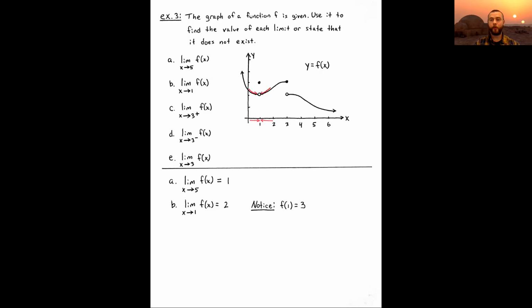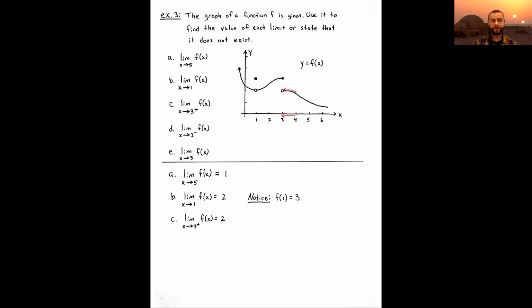All right, but I want you to notice before we move on, the function value, f of 1, is actually defined to be 3. That's where the filled in point is, at 3 for the y value. So here, the function value is 3, but the limit value is 2. That's something we'll elaborate on in a following lecture.